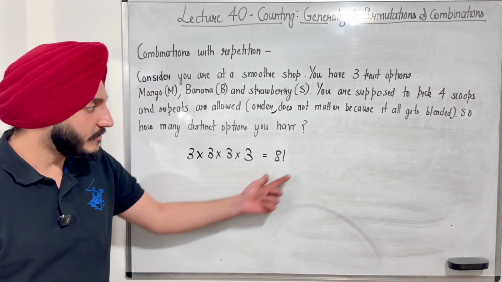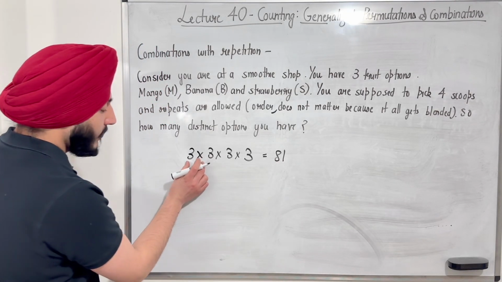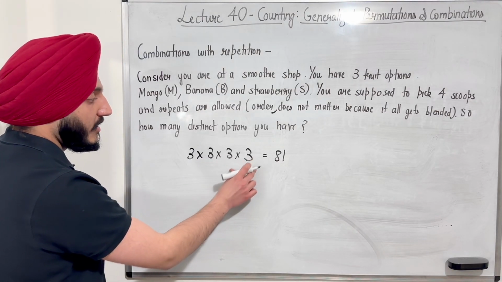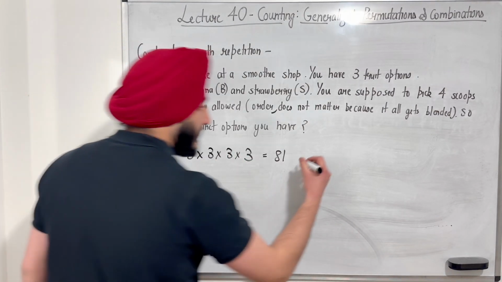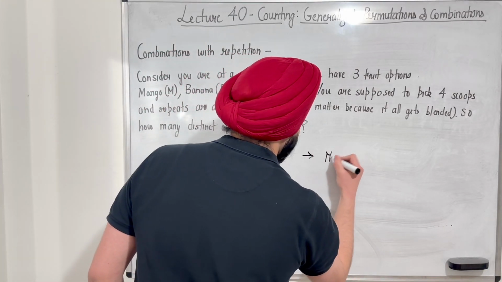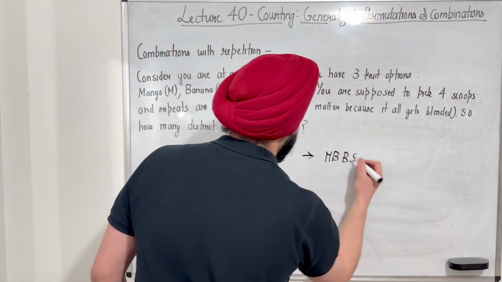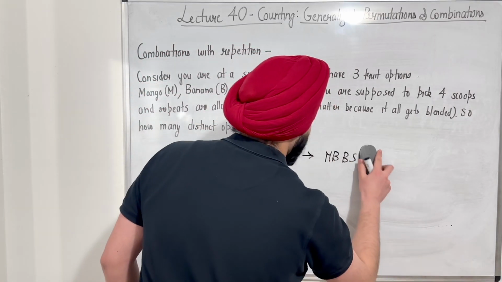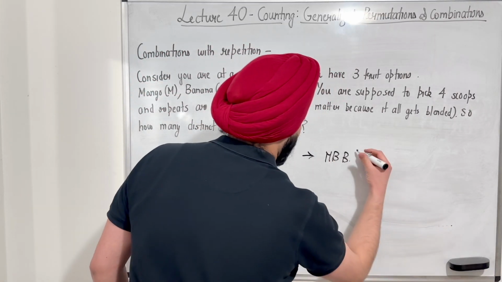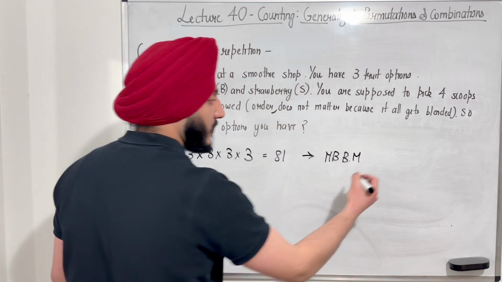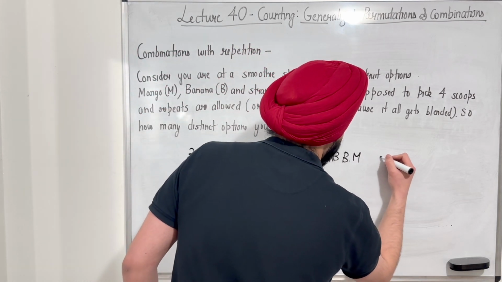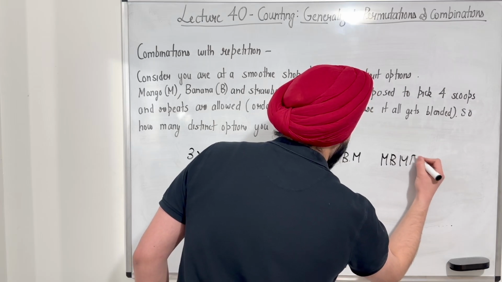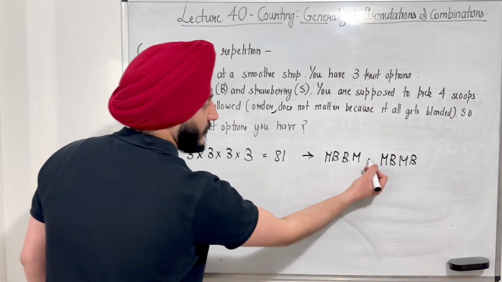And the reason is this: if we multiply 3 by 3 by 3 by 3, considering repetition is allowed, this considers MBBM, so if you consider 2 mango scoops and 2 banana scoops, these two as different options.